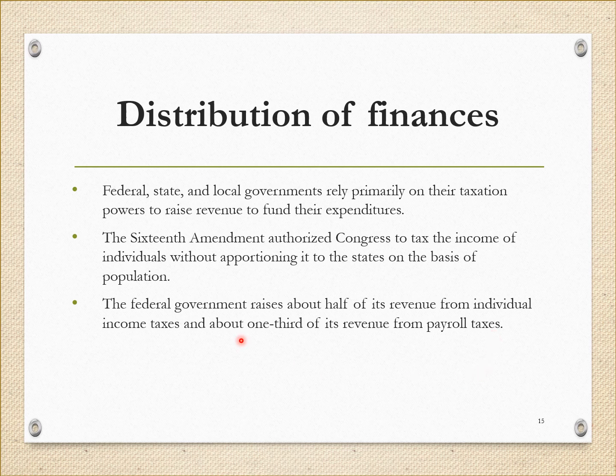So if you work and you get a check, you're going to see state income taxes taken out and federal income taxes taken out. Those are sources of revenue for both the state and the federal government. Those are part of those concurrent powers that both the state and federal government hold together.